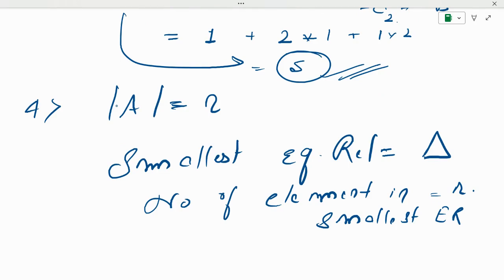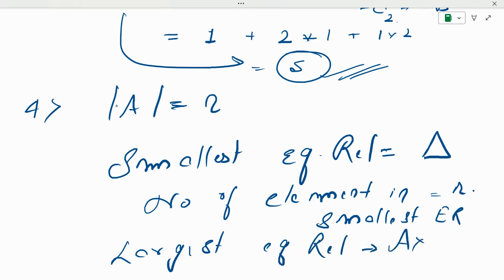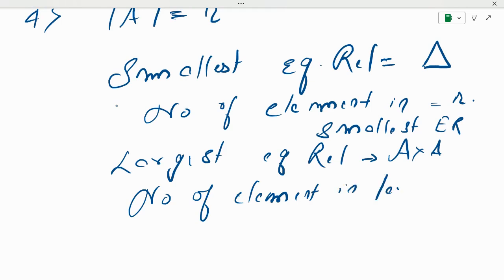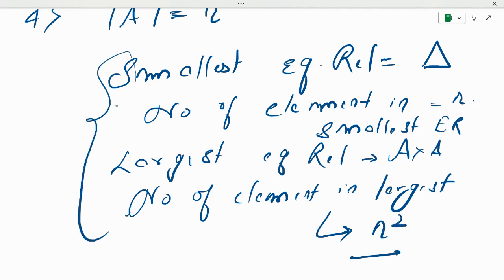And the largest equivalence relation will definitely be A cross A, and the number of elements in the largest equivalence relation will be equal to n square. So this is an important result, largest and smallest.